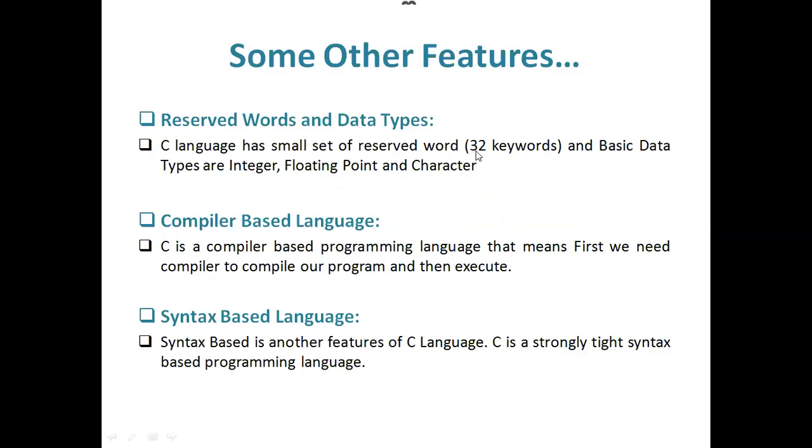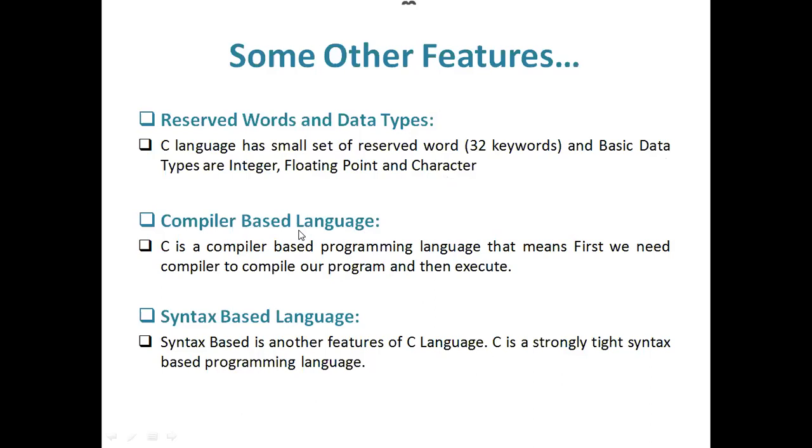They are 32 in number, and they cannot be used for naming variables or functions. These are known as reserved words. And there are some basic data types like integers, floating point, and character, which tell us the type of data which we will store. We will study this in more detail in the second chapter.